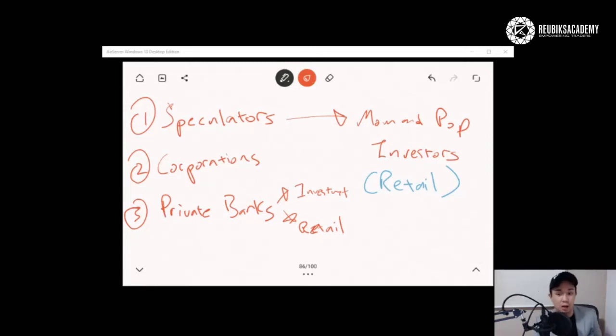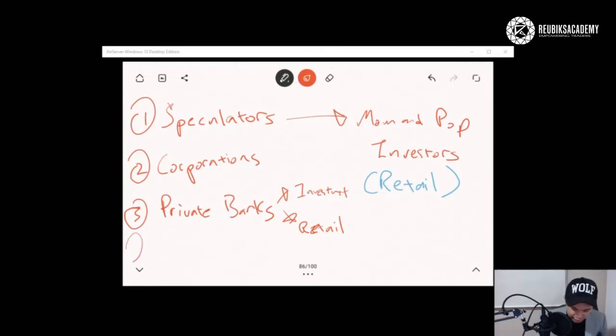Your ATMs will be there. You can buy certain insurance policies, maybe unit trusts, and tap into mutual funds. Basically, it caters to small-time individuals for their account opening needs. The investment arm of the bank usually caters to corporations, people who have deeper pockets, people who want to open a broker account with the bank itself to trade the capital markets. So these are the two branches of a private bank.